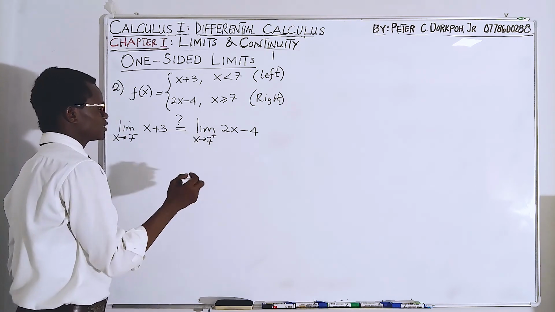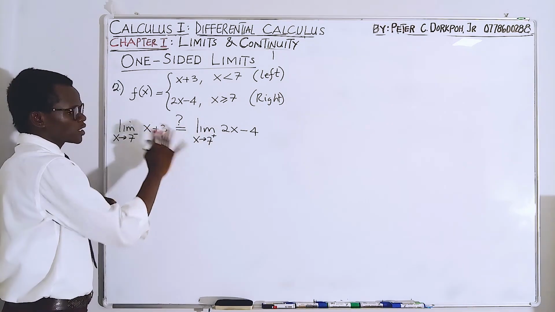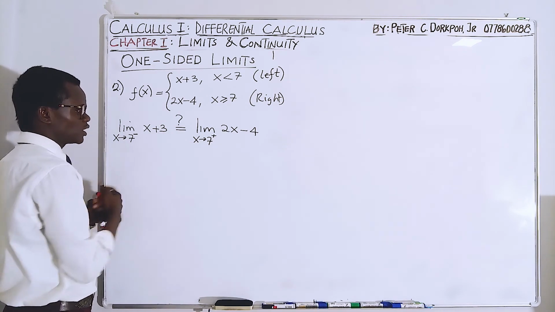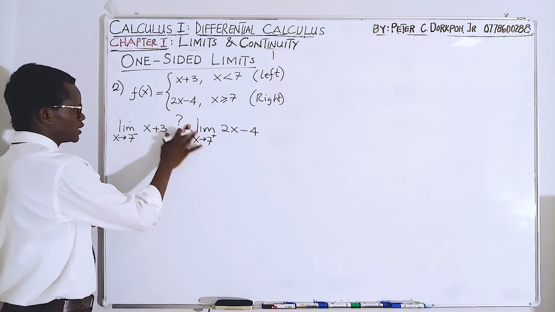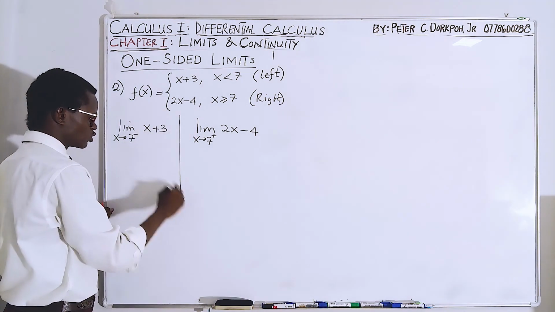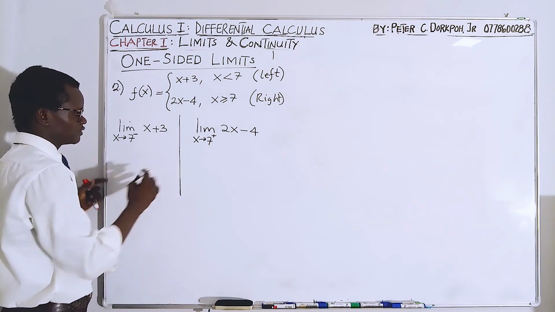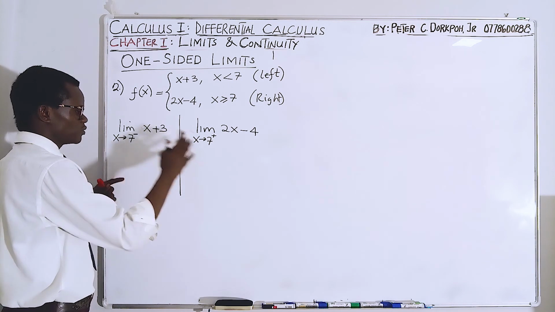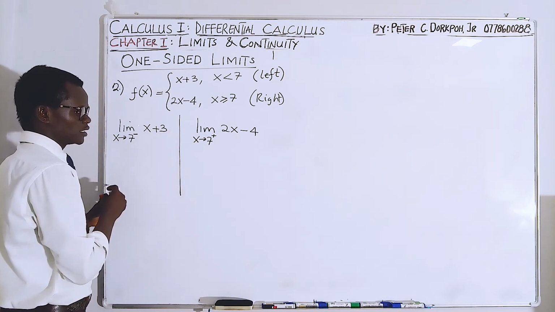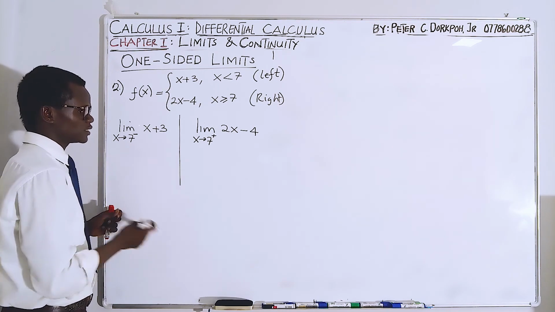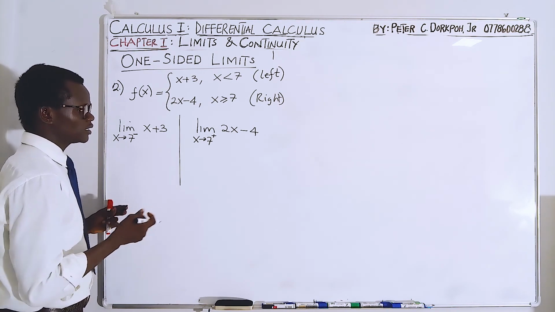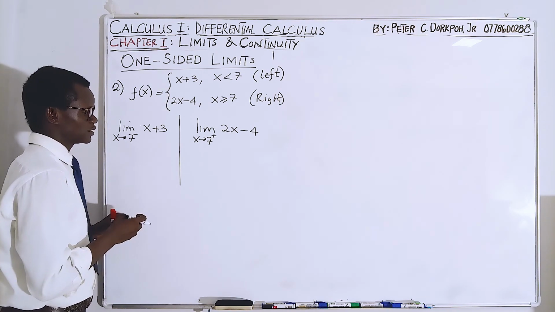In some cases, we can solve them separately and compare their results as to whether they are the same. At the end of the day, we'll just compare the results. If the results are the same, then we say the limit does exist. If they are not the same, we say the limit does not exist.